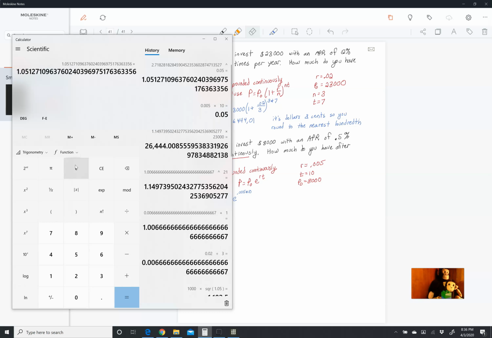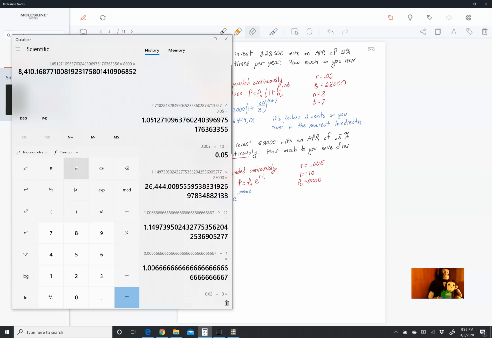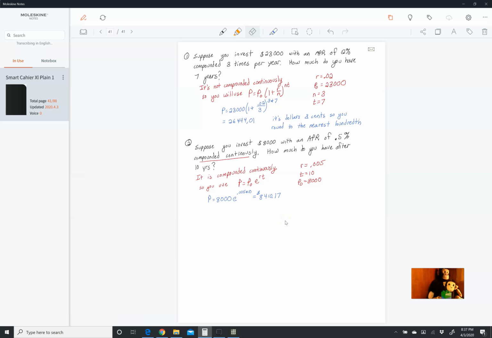Now you multiply that by your 8,000. And notice you don't make that much money, okay? I mean, $400 is nothing to sneeze about, but it's not as much money as in some of these other problems that we've done. So it's $8,410.17. Do dollars and cents.